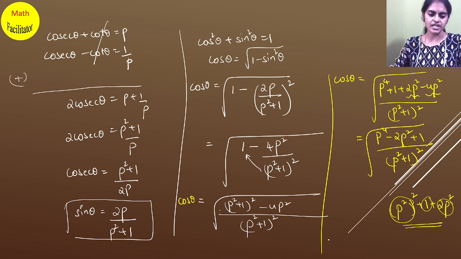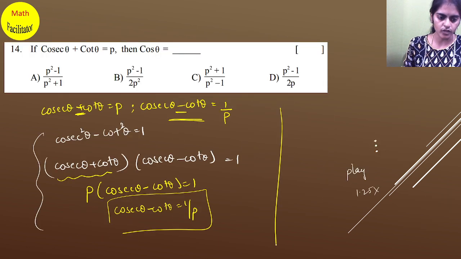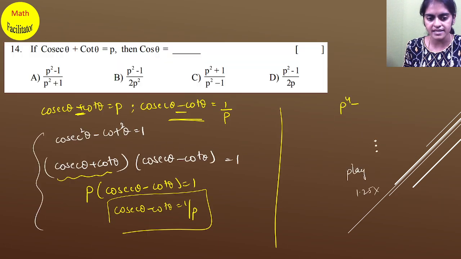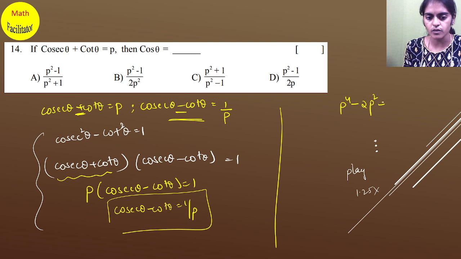Now again if you just see this, let me do it here. Okay, it's not getting erased. So if you are seeing this, P power 4 minus 2P square plus 1.